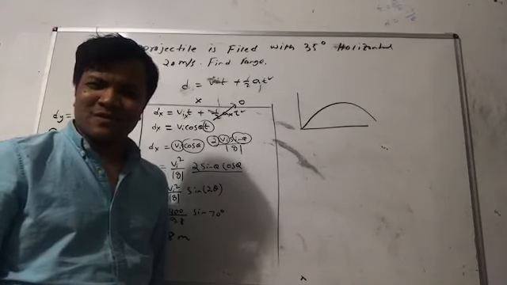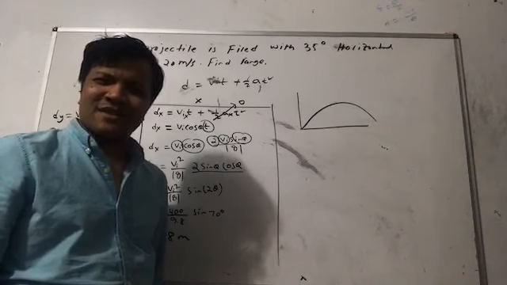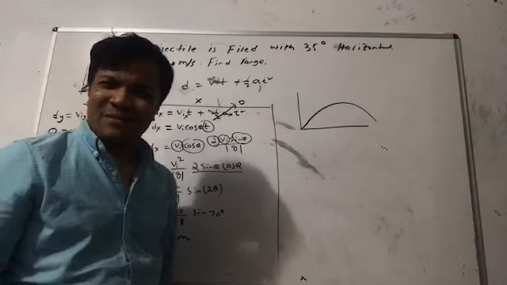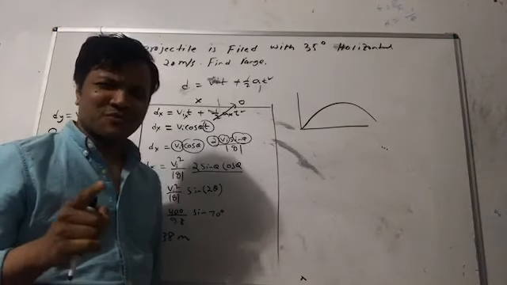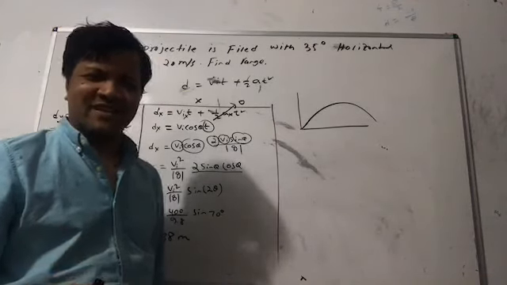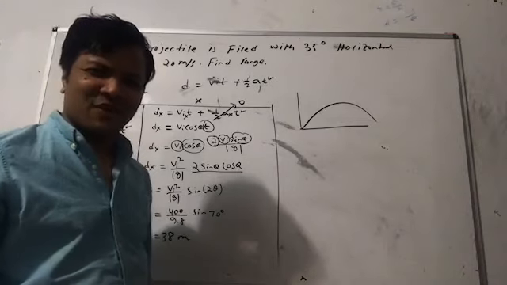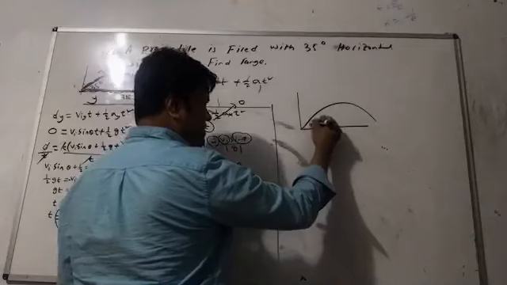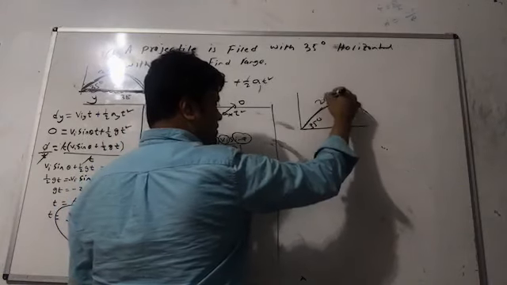If you apply 12,000, then that is a little bit over the escape velocity, and it will never come back. But since you apply only 20 meters per second at a 35-degree angle, it obviously comes back, making it a projectile. So 35 degrees and 20 meters per second.